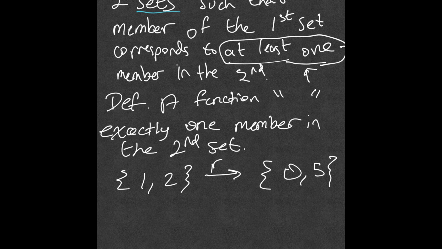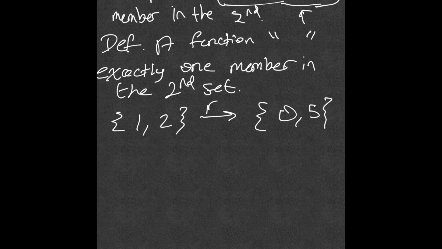Such that each and every member of the first set corresponds to at least one member in the second set. So this relationship is going to be defined by, I'm going to send 1 to 0.